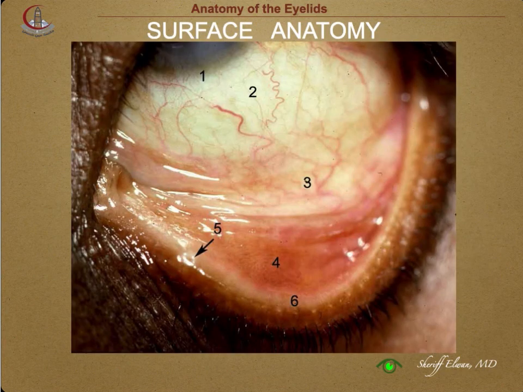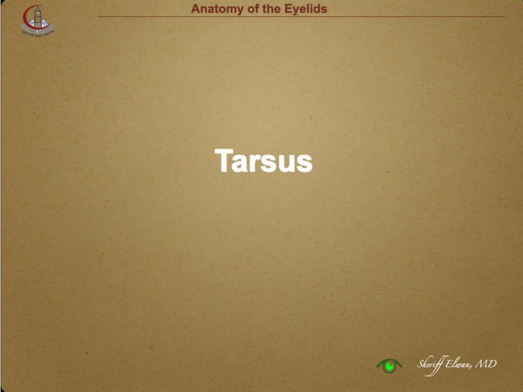This is the picture that I described in the beginning of the lecture, and here you can see number 6 is the posterior sharp margin, the white dots of the meibomian glands, the gray line, the anterior rounded border, and the lashes. Now, finishing with the margin, we come to the tarsus.